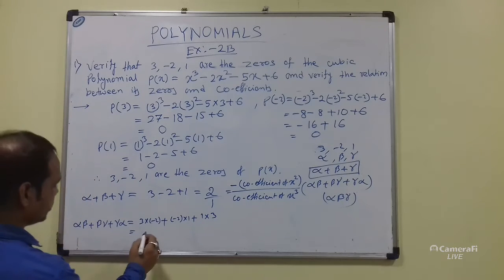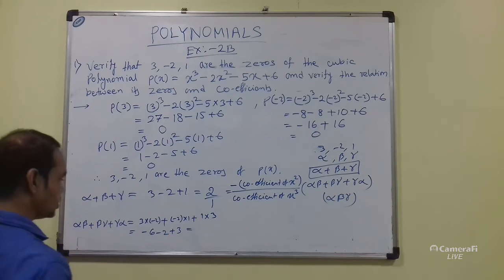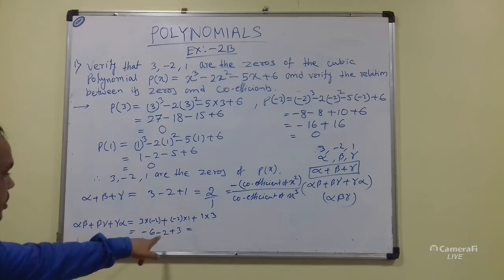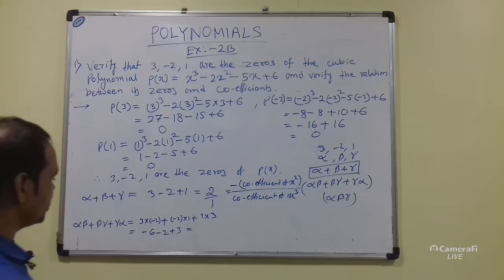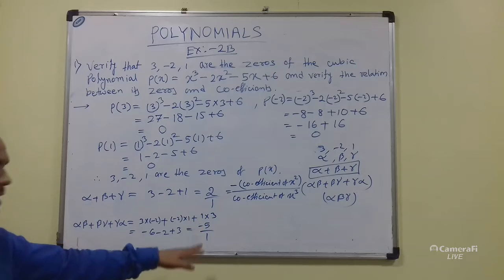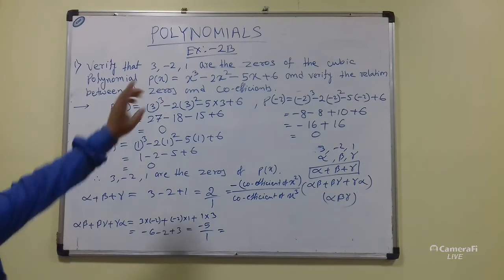So it will be minus 6 minus 2 plus 3, which is minus 8, and minus 8 plus 3 is minus 5. So minus 5 can be written as minus 5 by 1, so 5 is the coefficient of x.